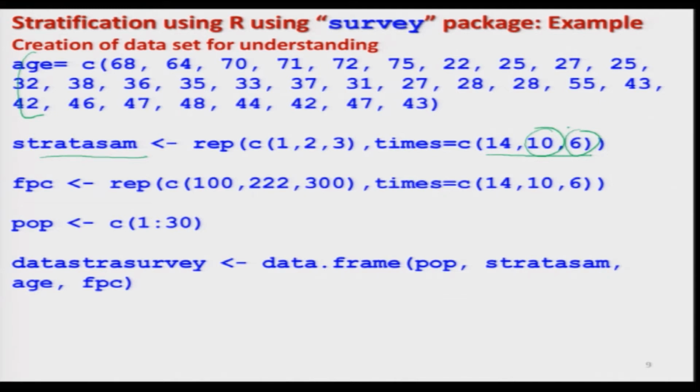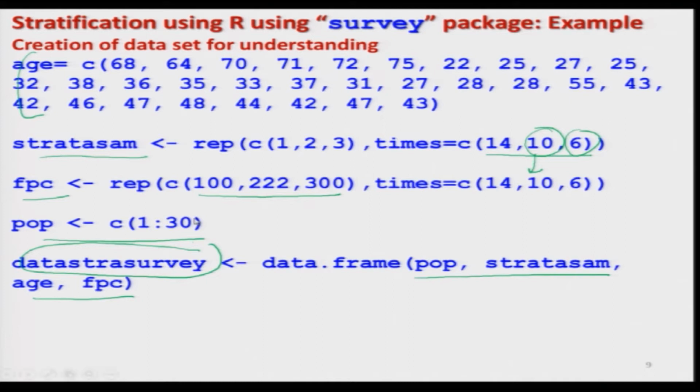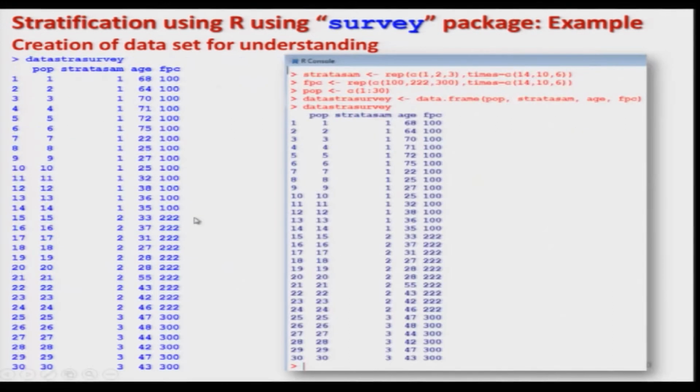Then I have defined the FPC as 100, 222 and 300, repeated the same number of times as the stratum numbers. The population is the numbers 1 to 30. All this data has been combined in a data frame named data stra survey, that is, data for stratified sampling under the survey package.